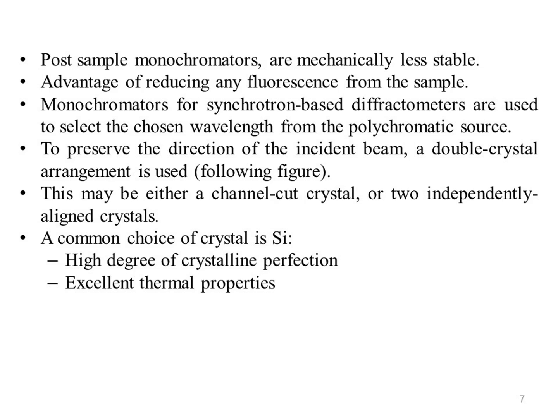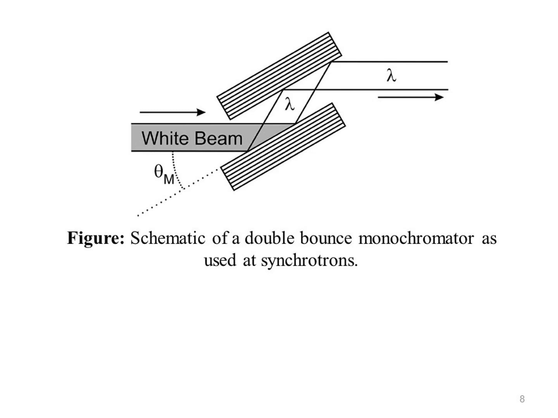The 111 reflection is a frequent choice, though 220 and 311 are also used when higher energy resolution is desired. Cooling is essential to maintain a stable temperature for the crystal under the heat load from the source. This is a diagram.